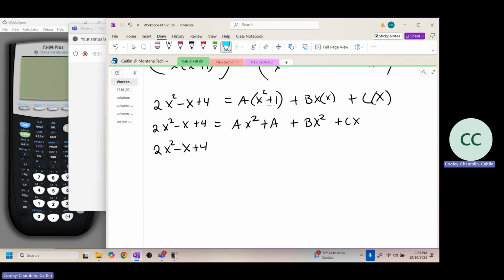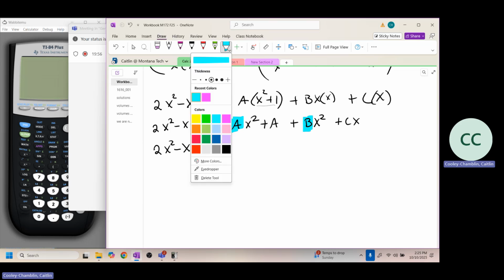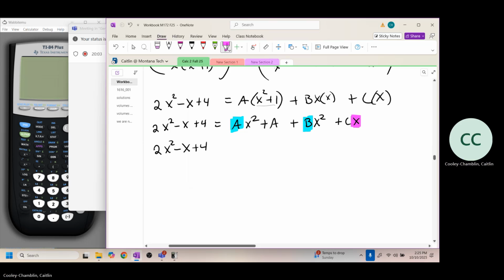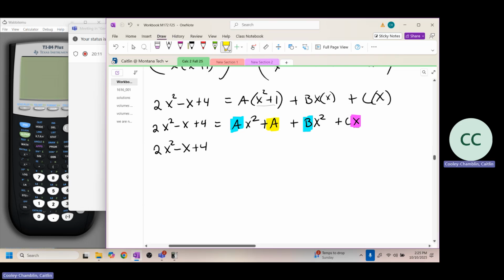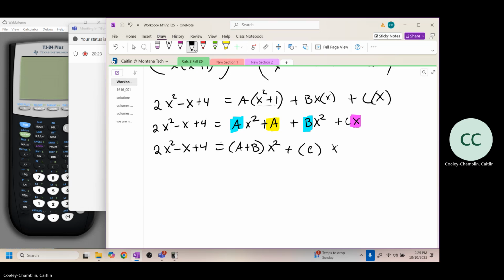Guys, on a test, I would suggest having colored pencils. So I have my squareds, my x's, and then my constants. So I will have (A plus B)x squared plus Cx plus A.